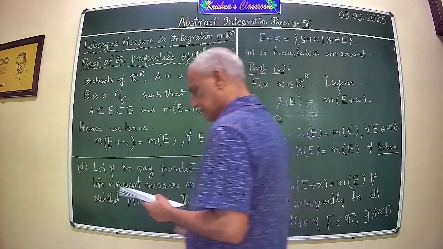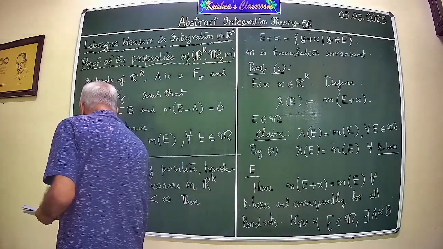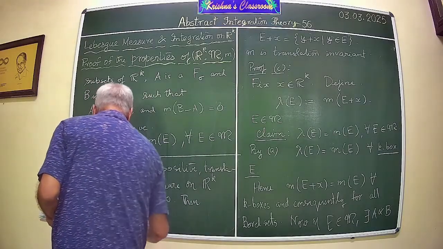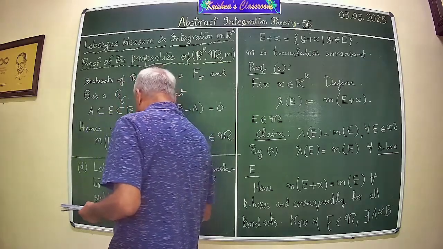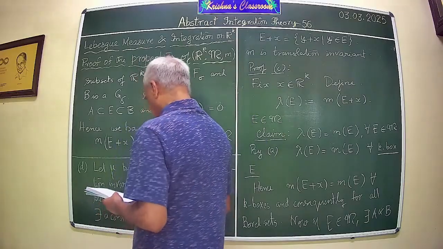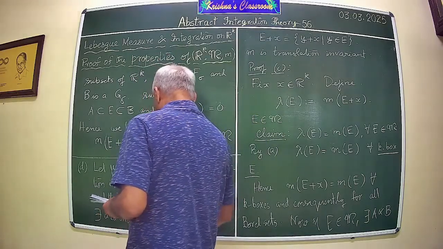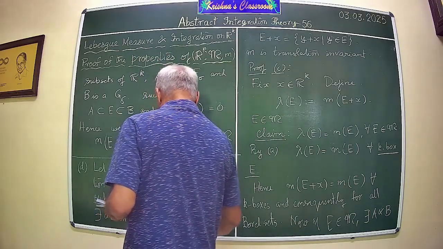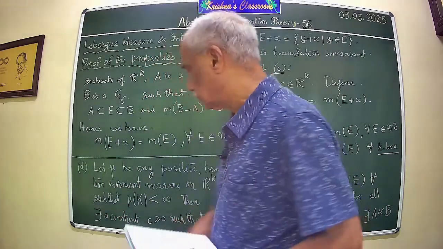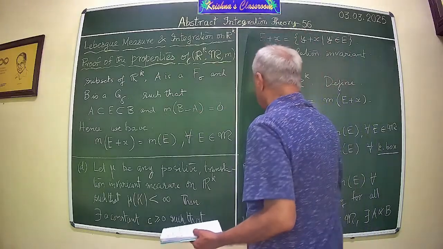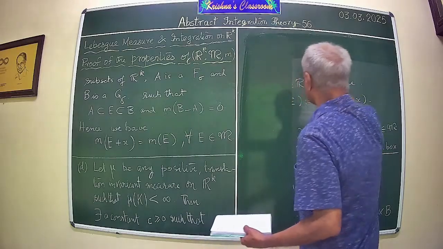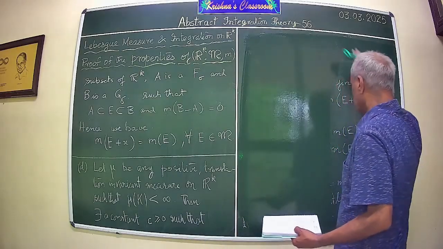what we can claim is this: there exists a constant, naturally a positive constant C, or a non-negative constant C, such that in fact it is a positive constant. So let me write that.